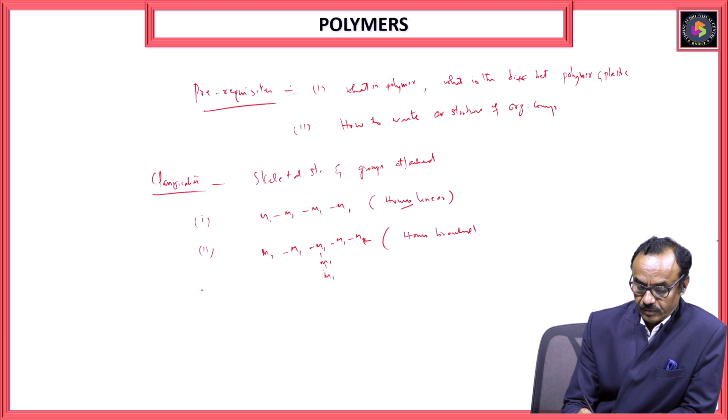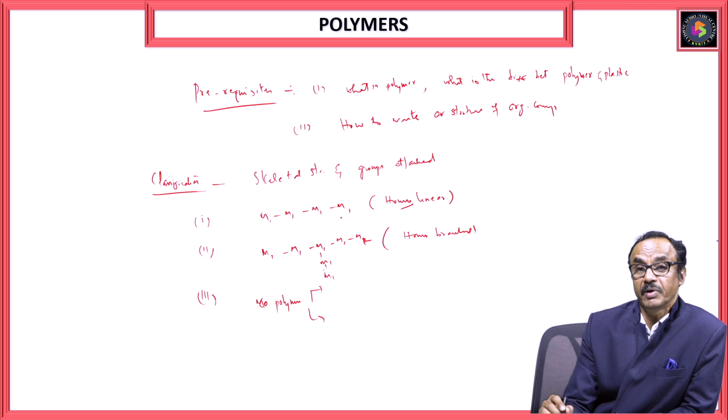Next, copolymer. Like above, homo means consisting of identical atoms. The polymer made of identical monomers is called homopolymer. Homopolymer is of two types: homolinear and homo-branched.